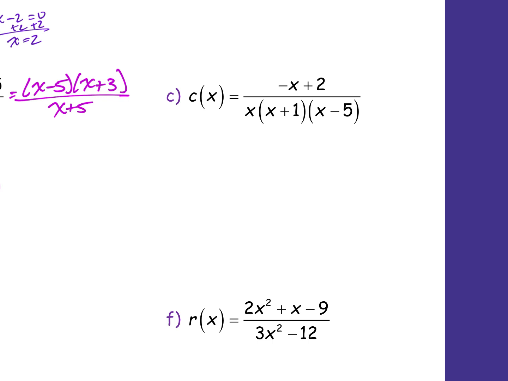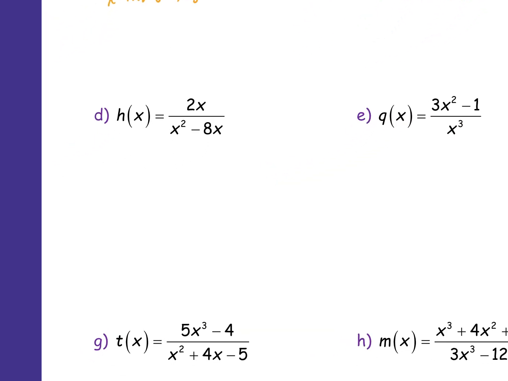So that's simplified. Can't do nothing with it. So my y-intercept is none, because I cannot have a 0 in the denominator. So it's none. X-intercept is 2, 0. Okay. Flip the page here.